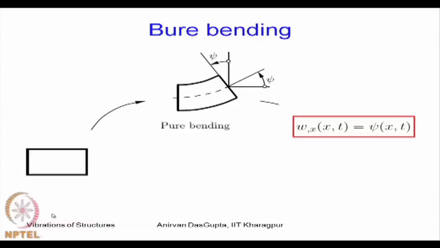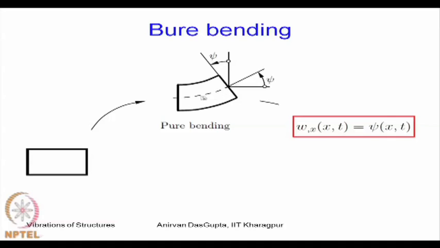Here I have introduced the basic difference between the model that we discussed in the previous lecture and what we are going to discuss today. Here you can see an undeformed element of the beam which undergoes flexure or pure bending. This is what we discussed in our last lecture.